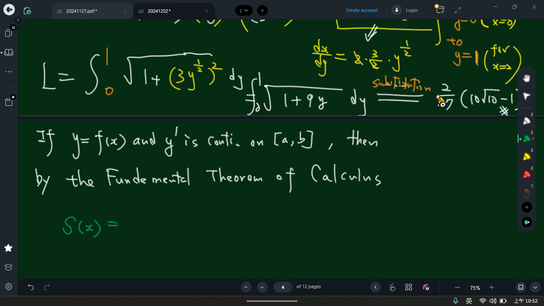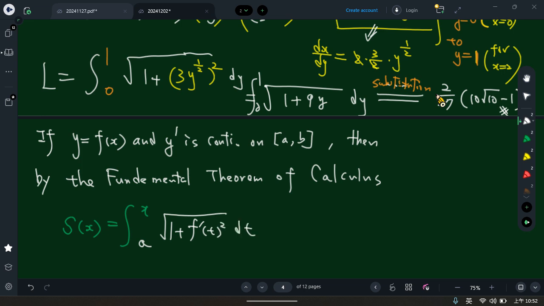We define it as the integral from the start point a to the end point x of the square root of 1 plus f prime of t squared dt.